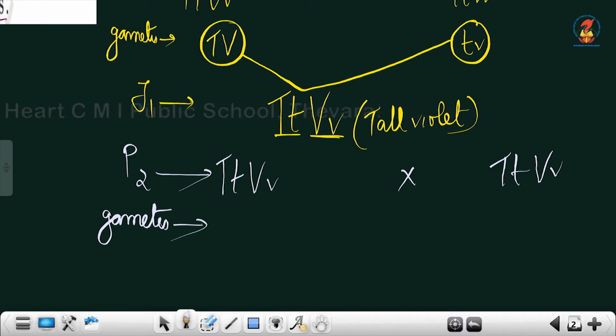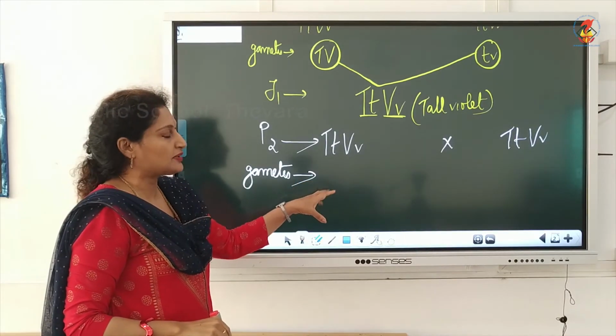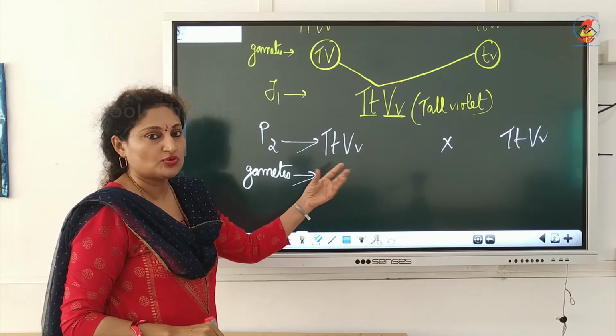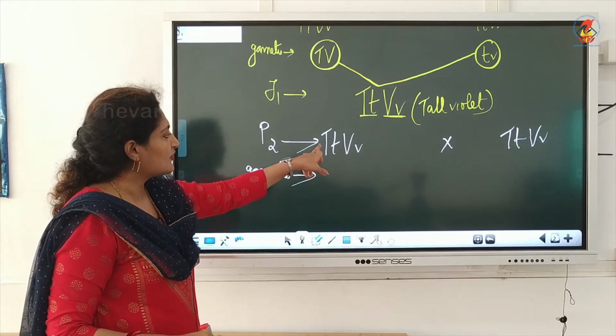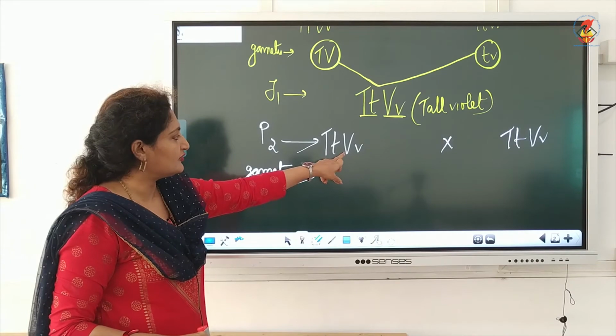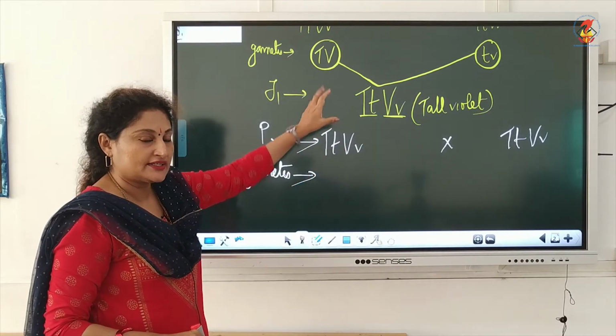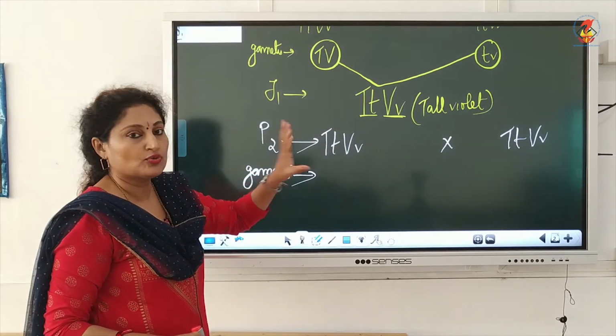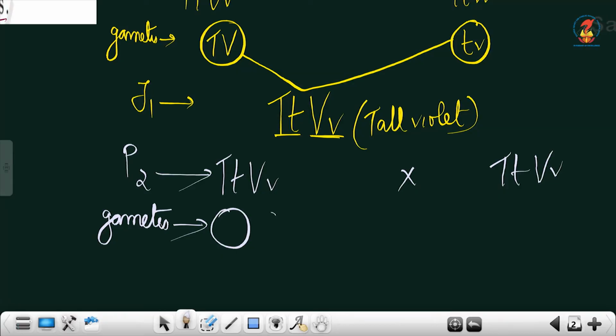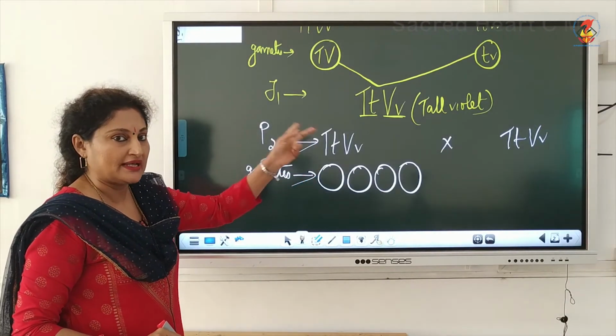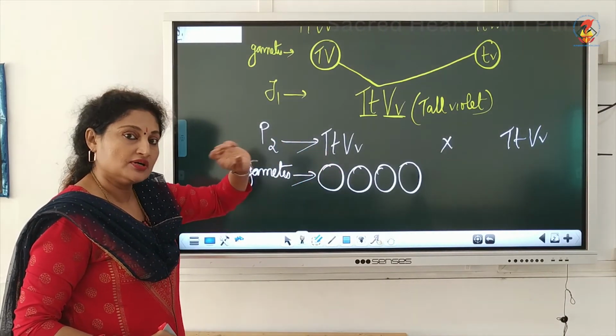Now gametes you can understand and write, but be more practical during the exam, no time to waste. So always remember, when a heterozygote under dihybrid cross comes, you have to go for 4 gametes. So put 4 circles, and one alphabet you double and write, and the other alphabet you alternate.